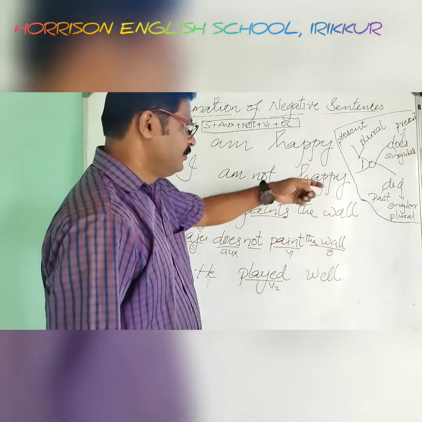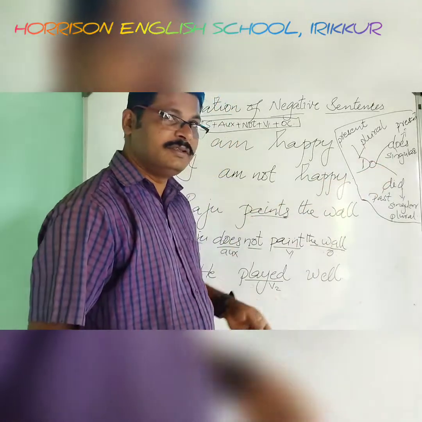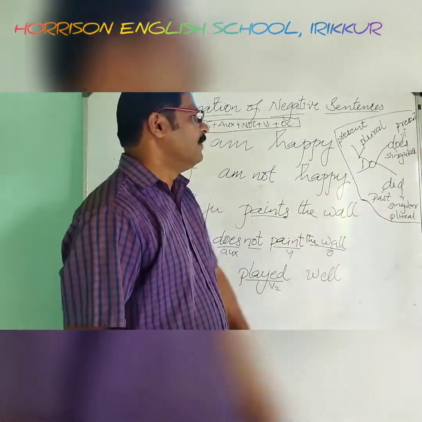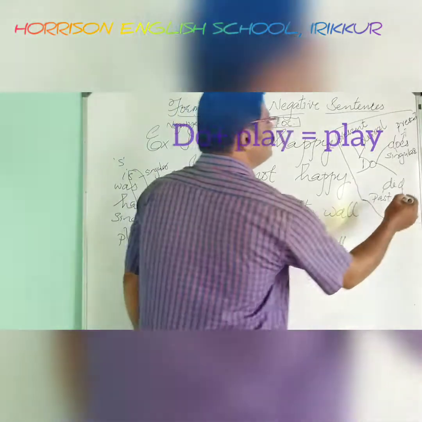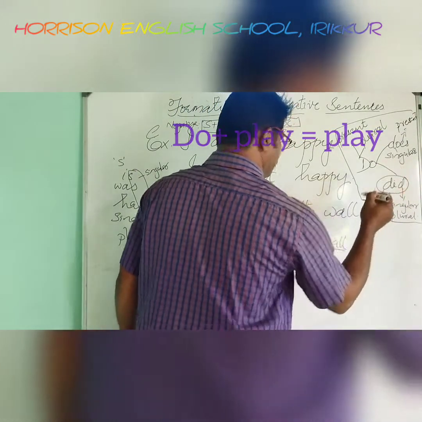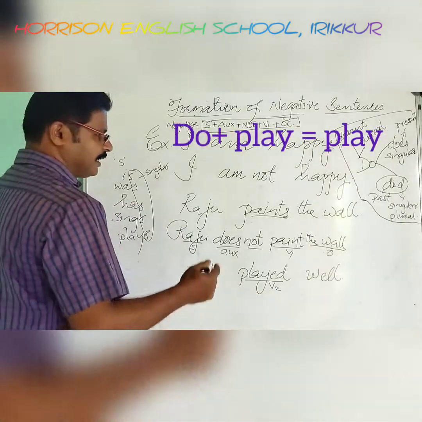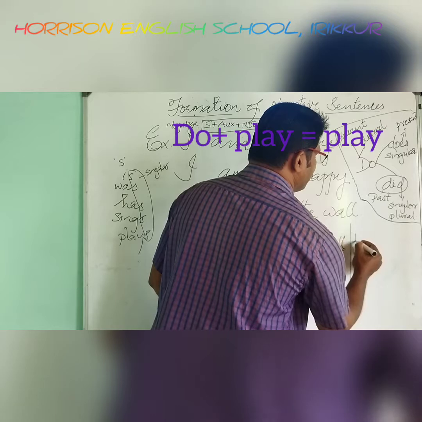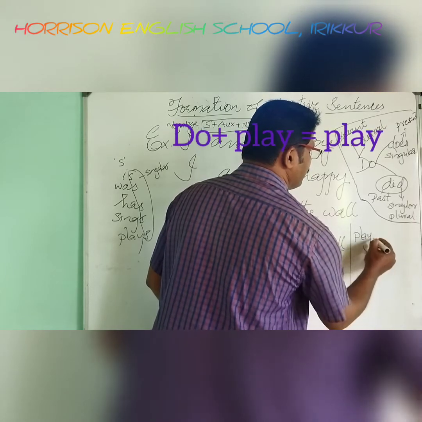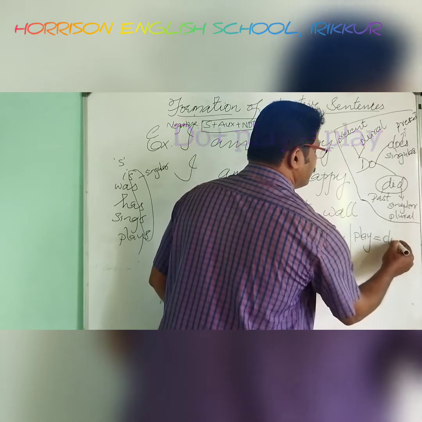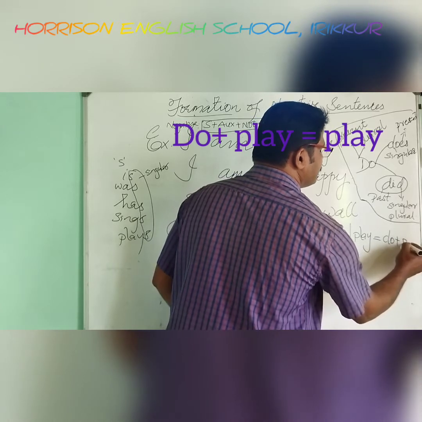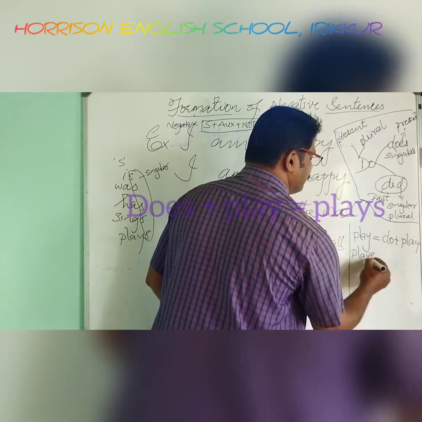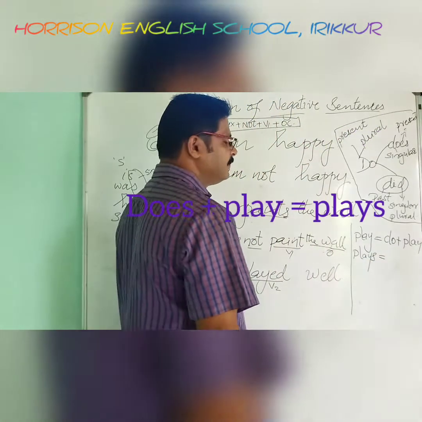So we have do or does or did. Which one is used in the past form? Yes, we use the form of do, that is did, in the past tense. So how can you split this verb? If you take the verb play, play is equal to, can you say? Yes, do plus play. Suppose it is plays, how will you write?